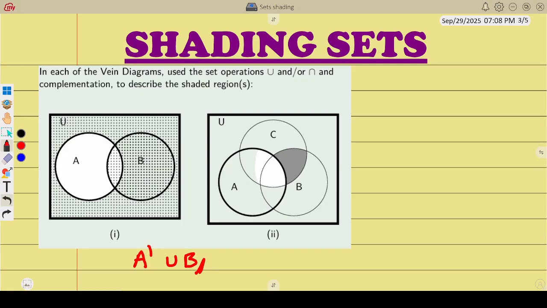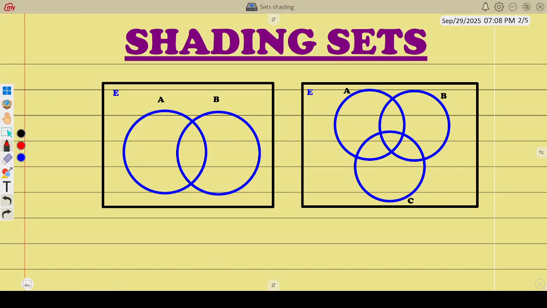You can be asked now, like here, to shade A complement union B. For you to shade, sometimes it can be a challenge. I remember when I was teaching myself this, you would have to use different colors sometimes. So how would you shade A complement union B?